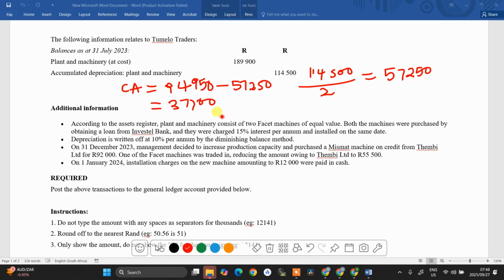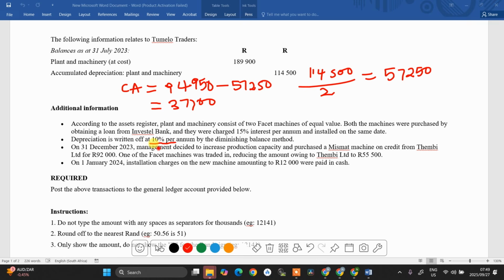Okay, now that you have the carrying amount, this is what you're going to use to calculate the depreciation, which is at 10% per annum. But before we do that, there's something that you need to be careful about. This 10%, it's a yearly reduction in the value of the asset, not just for few months.